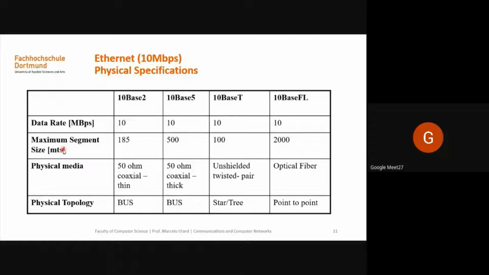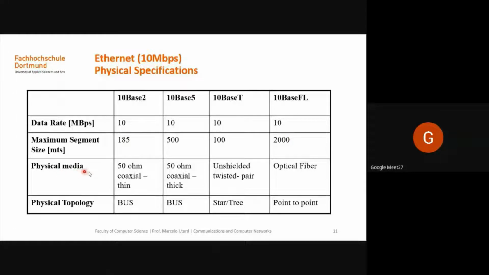The maximum segment size, that is the maximum segment size of a coaxial cable, thin or thick, for a UTP cable, for a fiber cable, is 185 meters in the case of thin coaxial cable, 500 meters in the case of thick coaxial cable, 100 meters for UTP cable, and 2000 meters for typical multimode fiber.